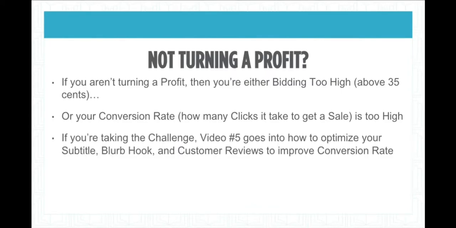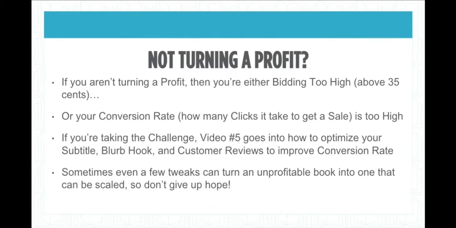If you are taking the challenge, video number 5 goes into how to optimize your subtitle, blurb hook, and customer reviews to improve your conversion rate. So it's not just the book description, it's also the subtitle and the customer reviews. These will help improve that conversion rate.